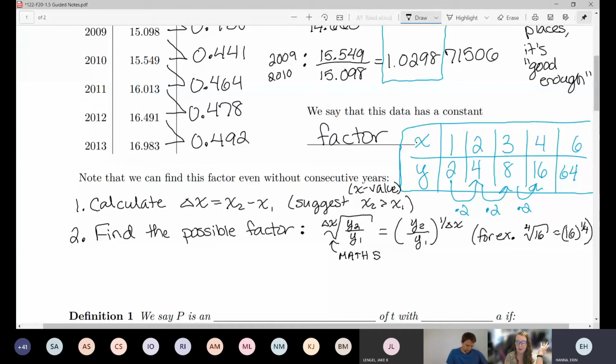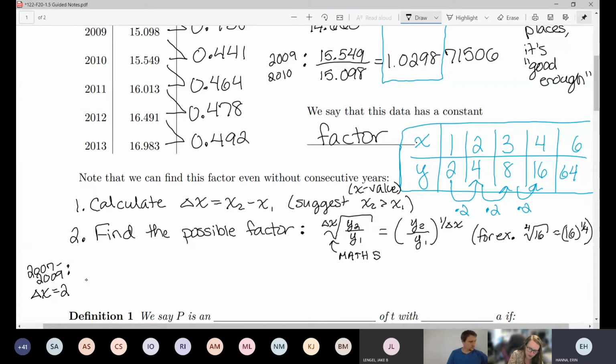And so that number, that's a little gross, will be that possible factor. Let's look at some examples of those. Say I go back to this year example, and I go between 2007 and 2009. That means my change in x is 2, right? The difference between 2009 and 2007 is 2.